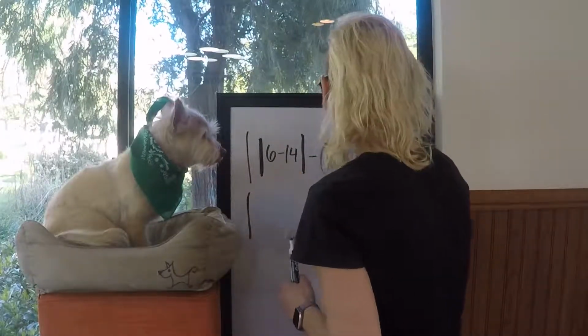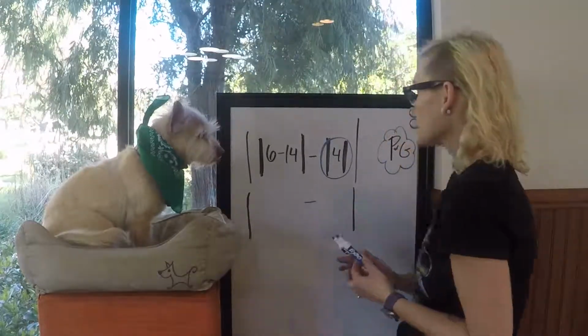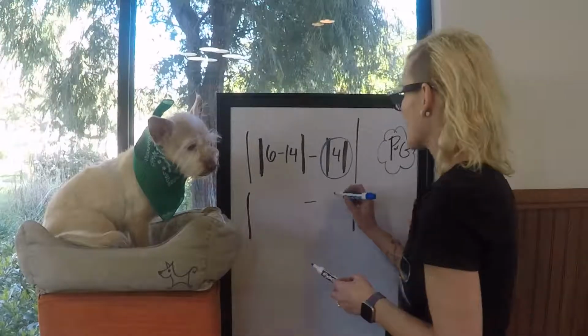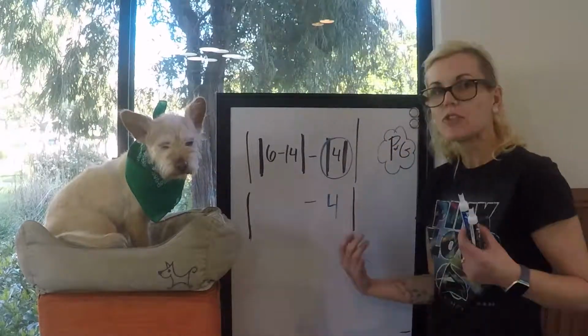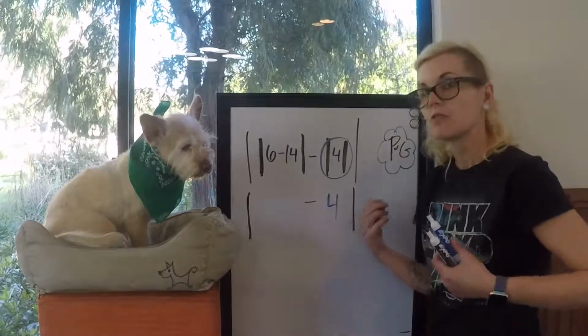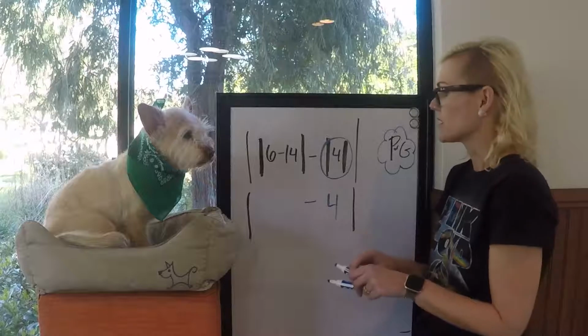If you have one number on the inside of your absolute value, you can take it. The absolute value of 4 is 4. Over here, I can't do it yet. What I have to do first is simplify this, just like I would with regular parentheses.